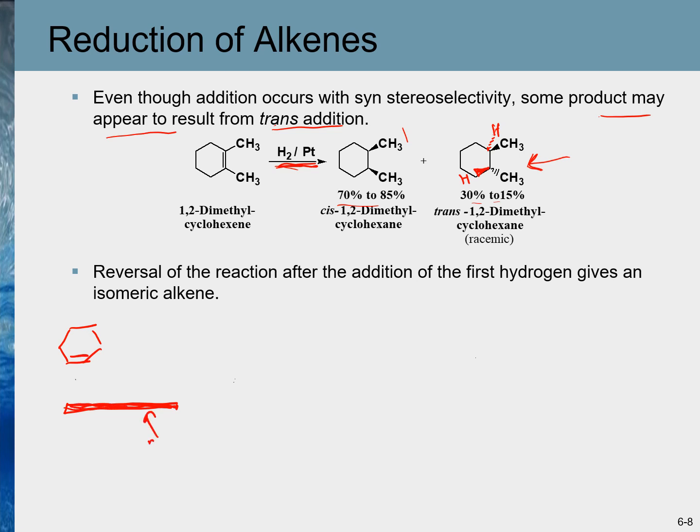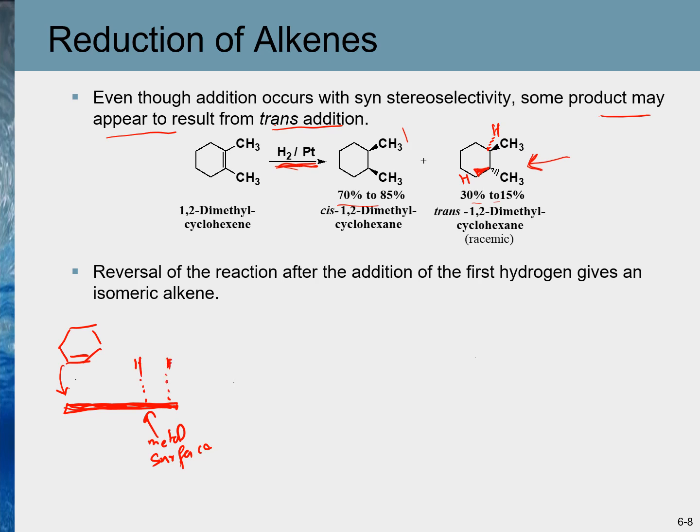So this is our metal surface, and we have hydrogen also. So both of these, alkene and hydrogen, will adsorb, and when they adsorb, they will form a bond with the metal.